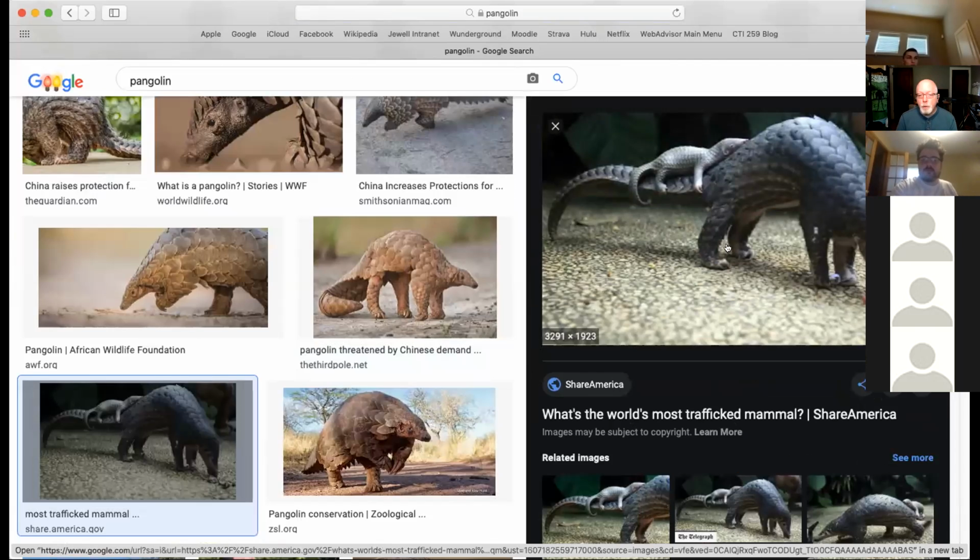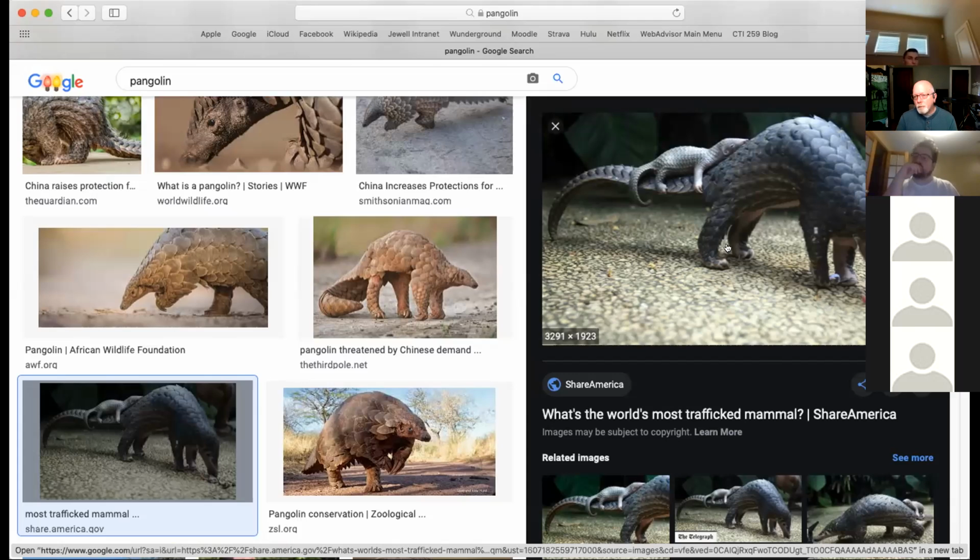This is one of the most trafficked animals in the world. It's definitely a huge part of the bushmeat mixture in Southern Africa and Asia, and people eat these regularly, to the point that they are also at risk of extinction from overhunting.